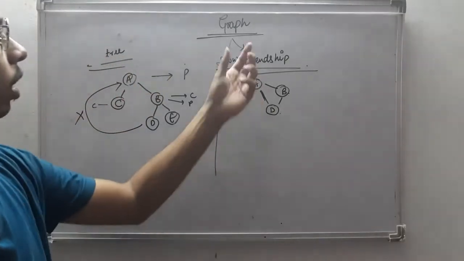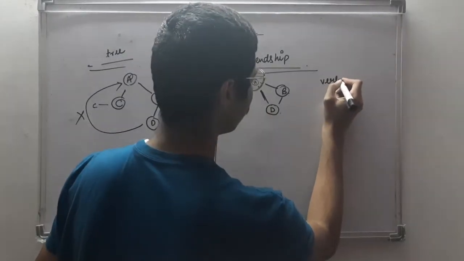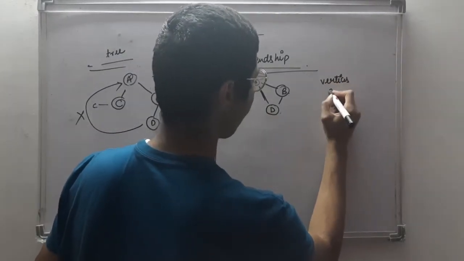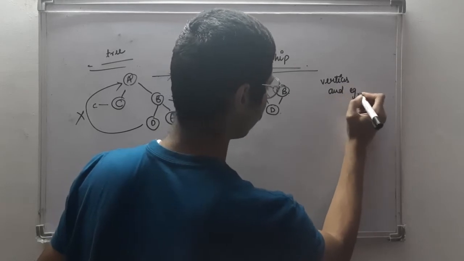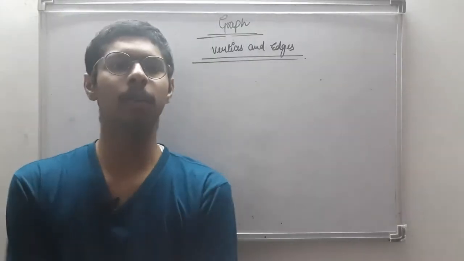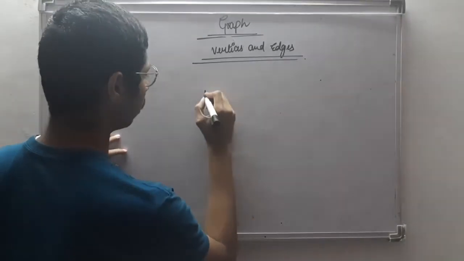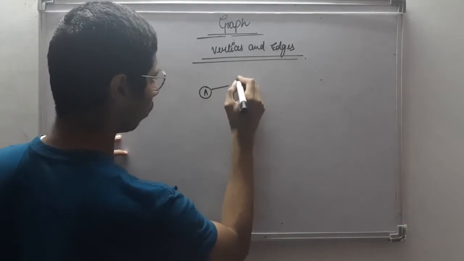Now we are going to study vertices and edges. So in the vertices and edges, suppose this is our graph.